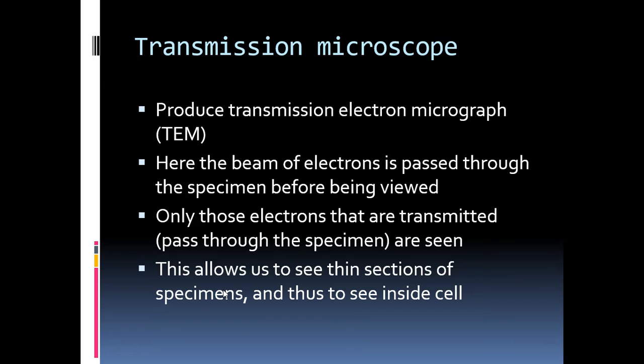So this microscope allows you to see thin sections of specimens, because only those electrons that are transmitted are seen, right? Only those electrons that manage to pass through the specimen will be viewed. And this is actually the most commonly used electron microscope and was the first one to be created.